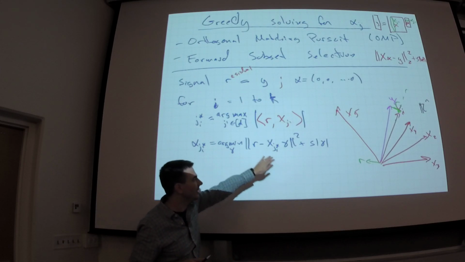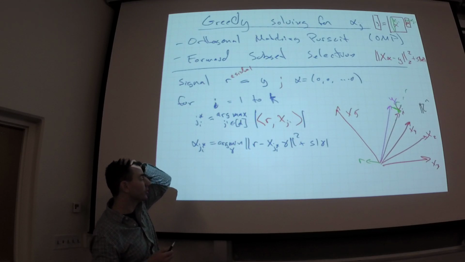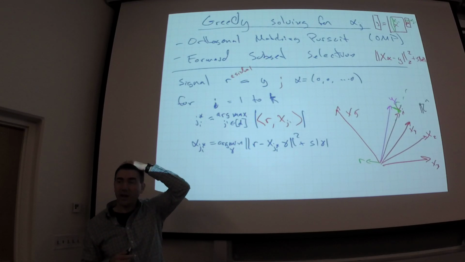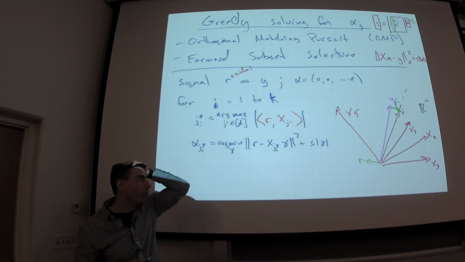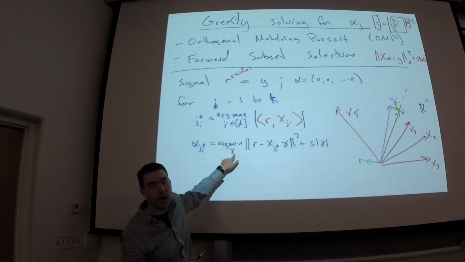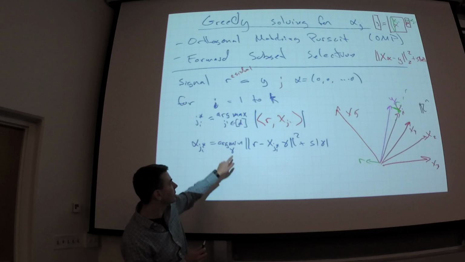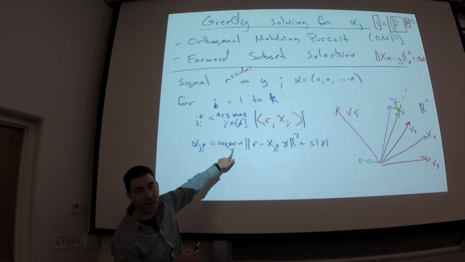I said I didn't know how to solve for the minimum of this cost function, so why do I think I can solve for it now? Well, now it's only over a single scalar value. I'm not solving the vector valued version of it, which I said was difficult to do. I can solve for just a single scalar value.